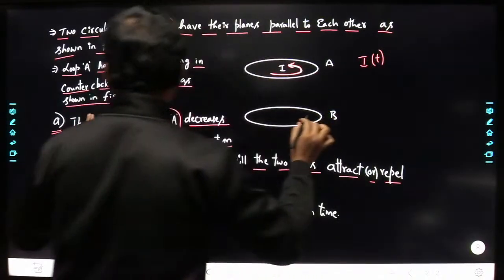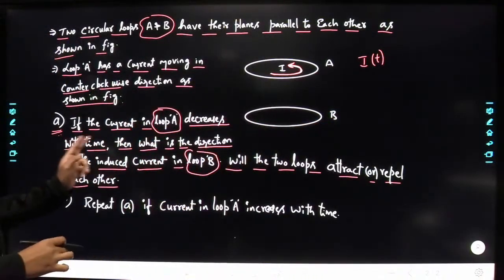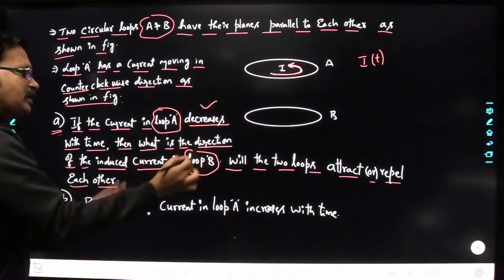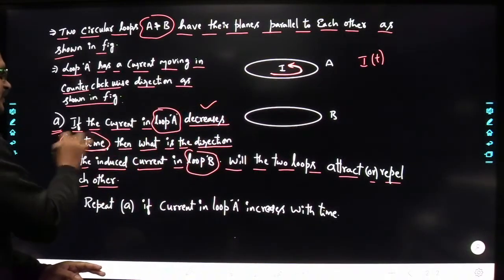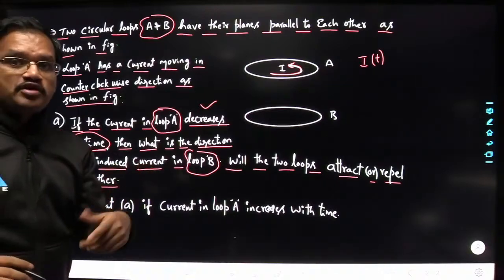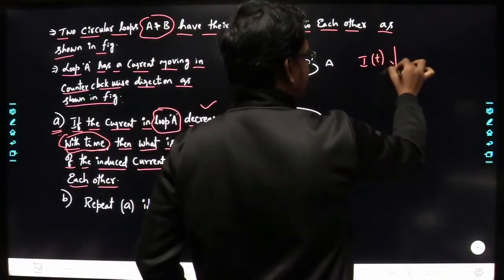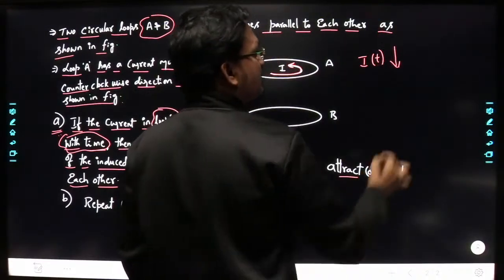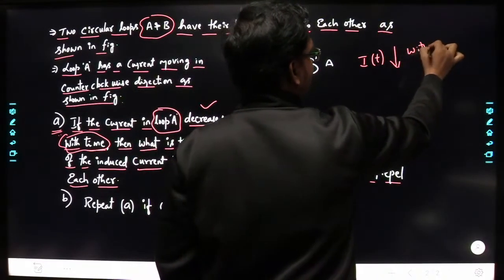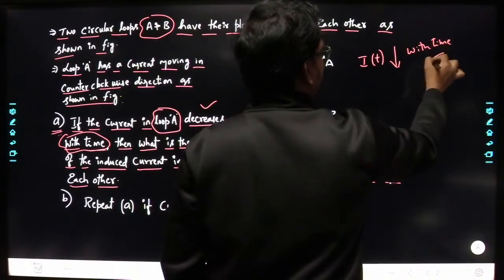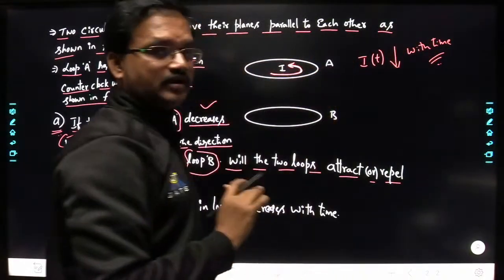They have told that this current in loop A is decreasing with respect to time. That means current is a function of time, and the value of the current is decreasing with time.